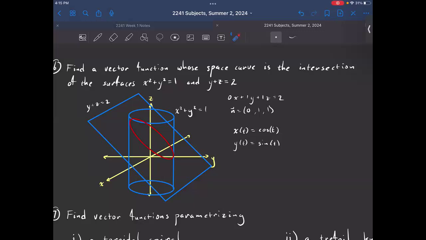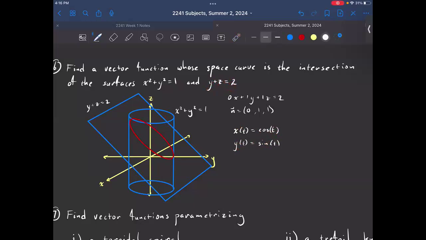Okay, and then now how do we get z from this in order to make an ellipse? We use our other equation. So the parametrization for the cylinder here is just these x and y values, and then z is whatever it wants to be. We also have the plane, which intersects and then restricts our allowed values based on this equation.